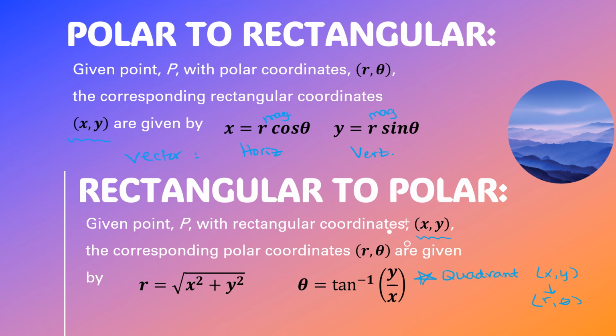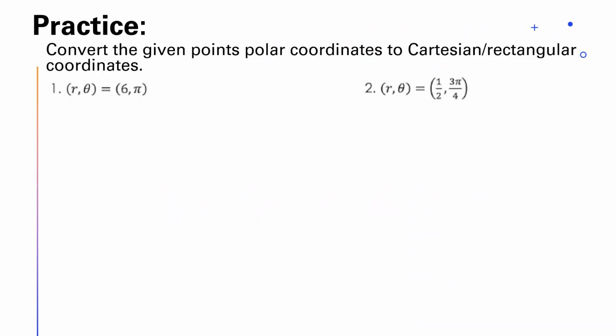So if you have a negative x, negative y, quadrant 3, as your original rectangular or Cartesian ordered pair, then I need you to make sure that that theta is an angle in quadrant 3. Do not forget, be super careful of that. I promise, we'll practice it. Here we go.